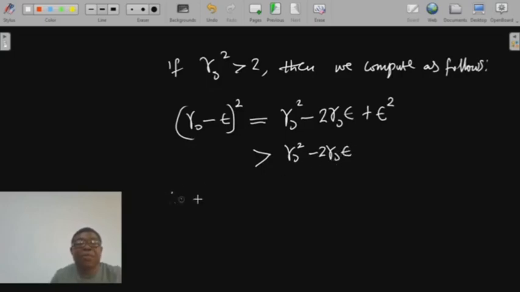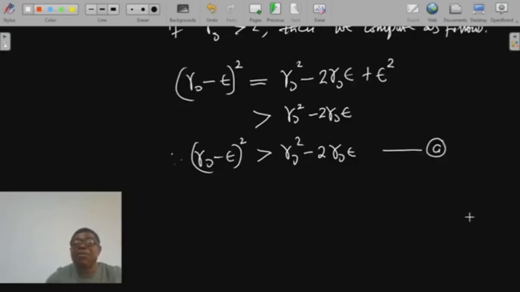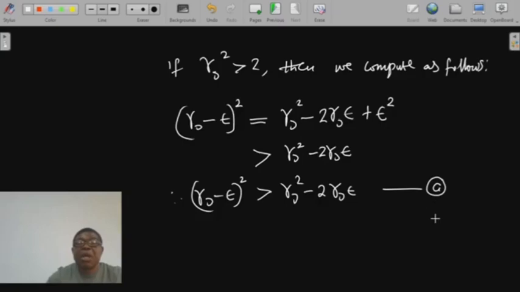So we have therefore that gamma naught minus epsilon all squared is bigger than gamma naught squared minus 2 gamma naught epsilon. Let me letter here small a.